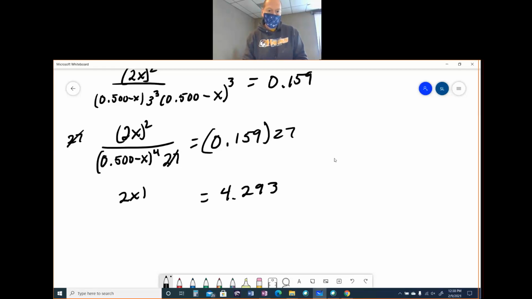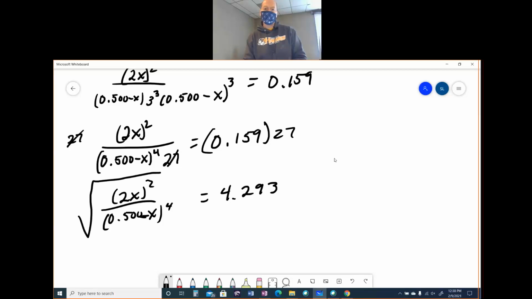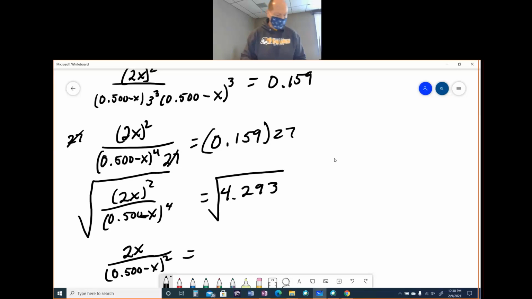So now I have my 2x squared, and I have my 0.5 minus x to the fourth. And so now I have a perfect square on both sides. And so I'm going to square root this side and square root this side. All right, so on the left, I have 2x over 0.5 minus x now squared, and that is equal to 2.072.